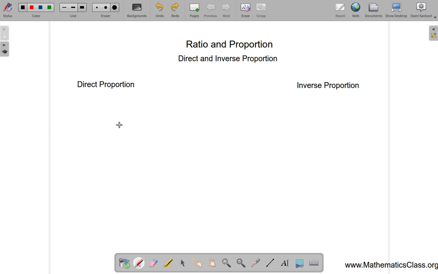That means when one of them increases in magnitude, the other also increases with it. So in that case, both of them rise together. Or if one decreases, the other also decreases. Both of them fall together.